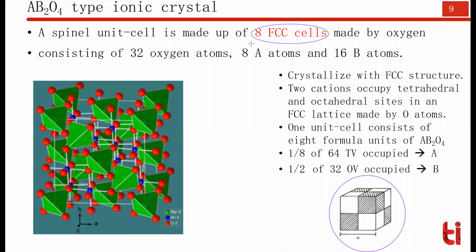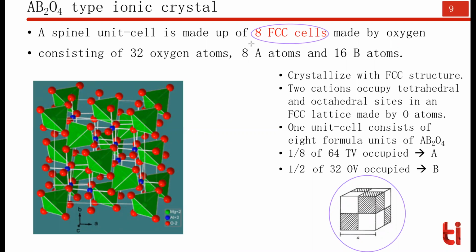The effective number of atoms. Can you remember the effective number of atoms in the FCC unit cell? Anyone can answer me? 4. Good.